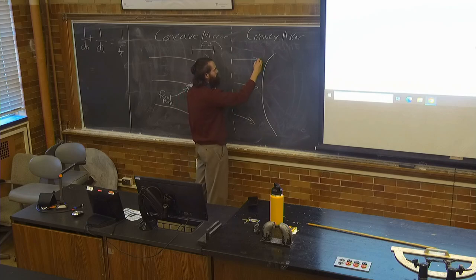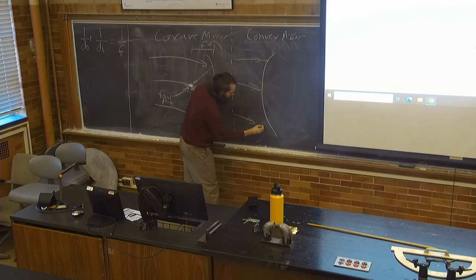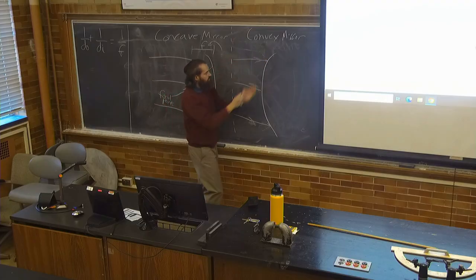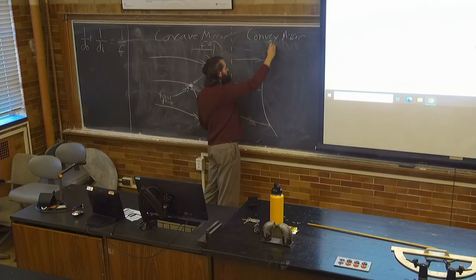If we draw our 90-degree angle coming off of the surface, now the equal and opposite angle would look something like this.